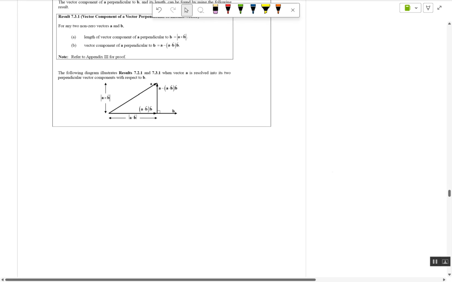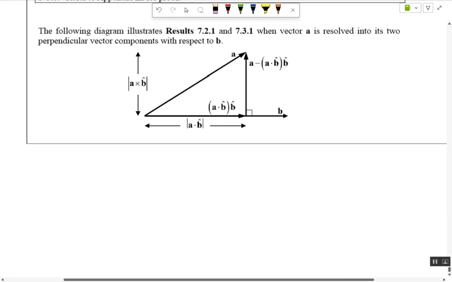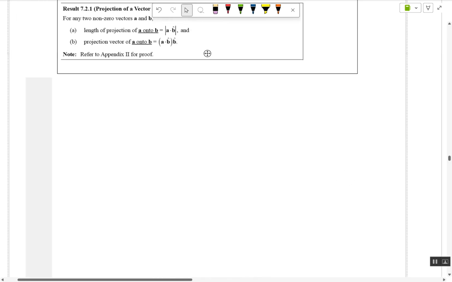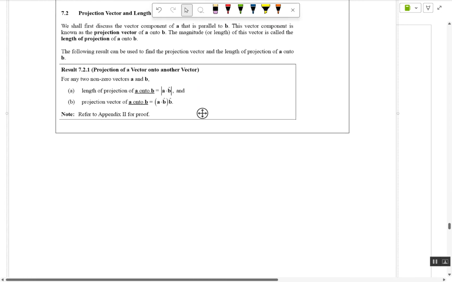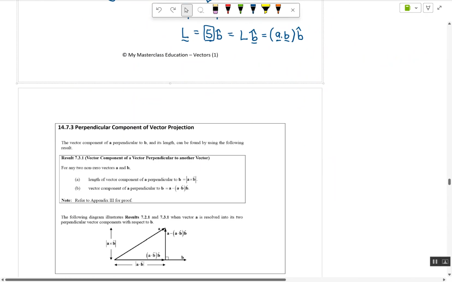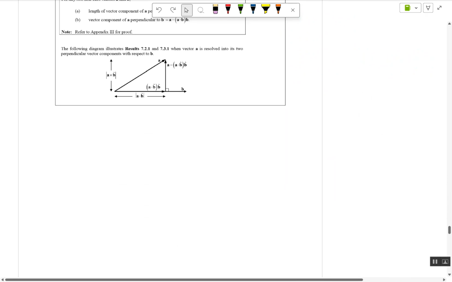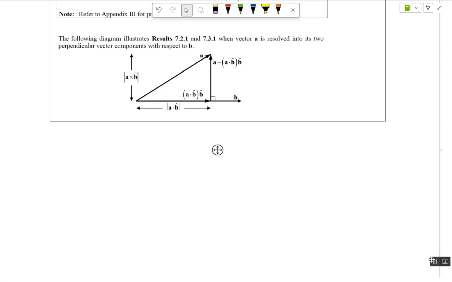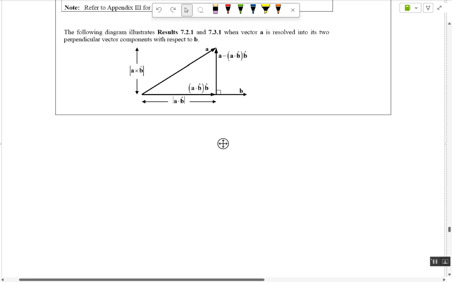So if you look at the next part, just now we already understood that if I want adjacent, I'm going to use cosine. If I want the opposite length, which is the perpendicular distance, I'm going to use sine because that's the opposite distance. So it comes back down to the same magic triangle over here.